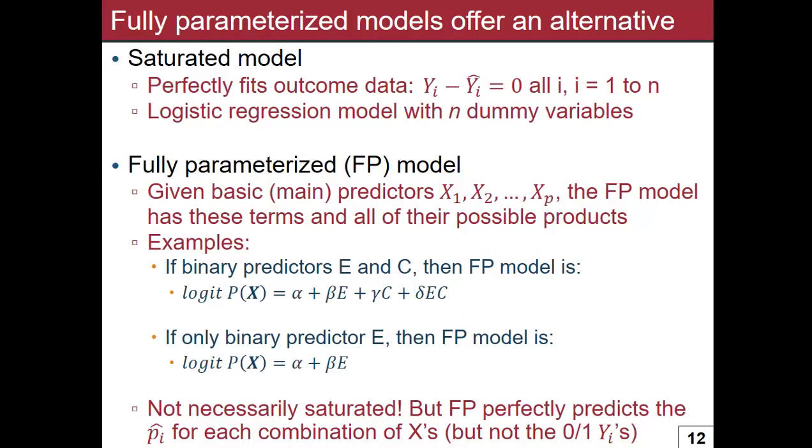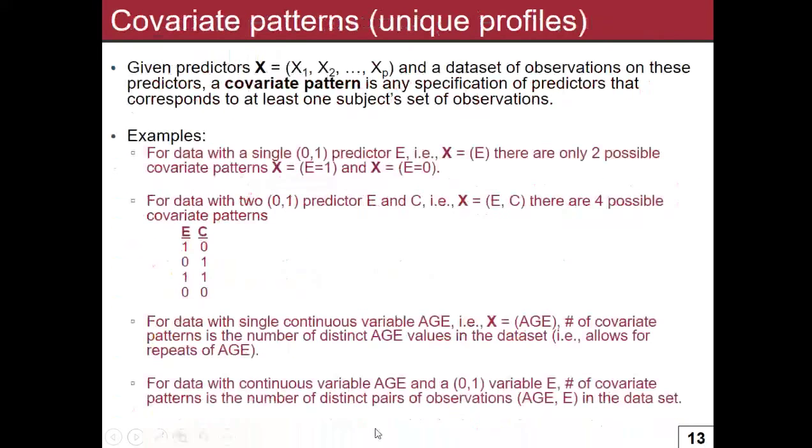It predicts the average exactly in the data set at the covariates, okay? Because you're fitting as many terms as you have possible products of your variables, and this will always predict the average experience for all combinations of x's. But not the zeros and ones, the average.